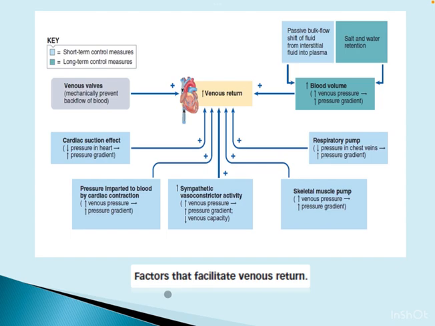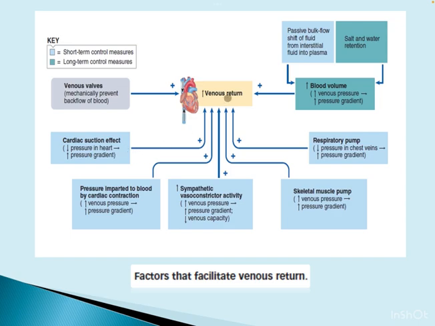So this is a summary showing the factors that facilitate the venous return. For the increase in venous return, the main factor is the increased pressure gradient imparted to the blood by cardiac contraction. Another is sympathetic venous vasoconstriction activity. Another is skeletal muscle pump activity, which works with one-way valves. Another is the respiratory pump that occurs during deep inspiration, and another is the cardiac suction effect during the cardiac cycle.